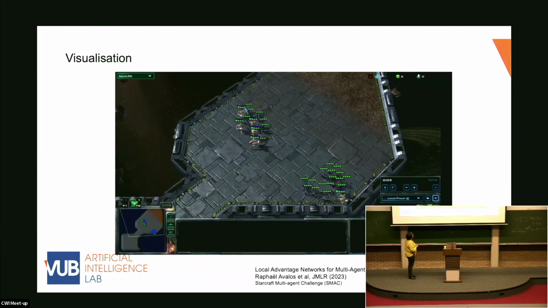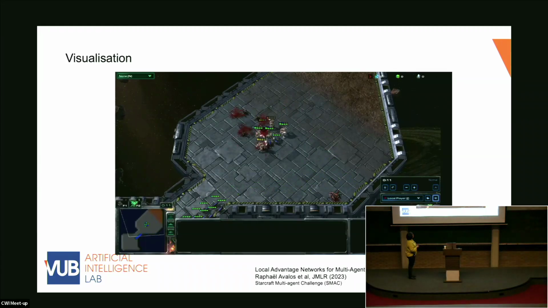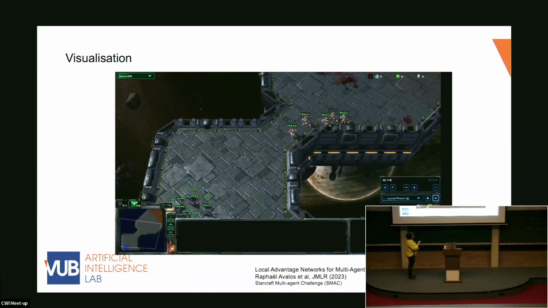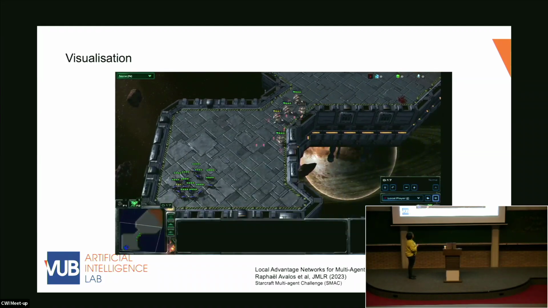So what you see here is that one agent is sacrificing itself to distract these blue enemies. And the others are still able to kill the blue enemies you saw on top. And now they just get close enough to the blue enemies to attract some of them, and not too many, otherwise they would lose.